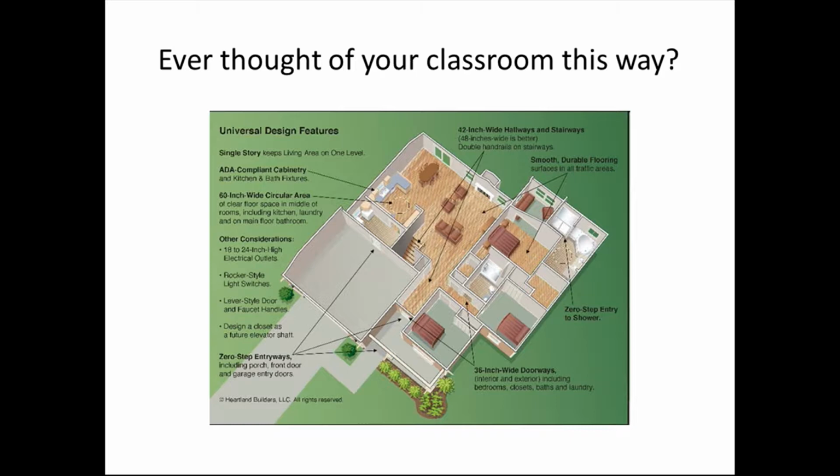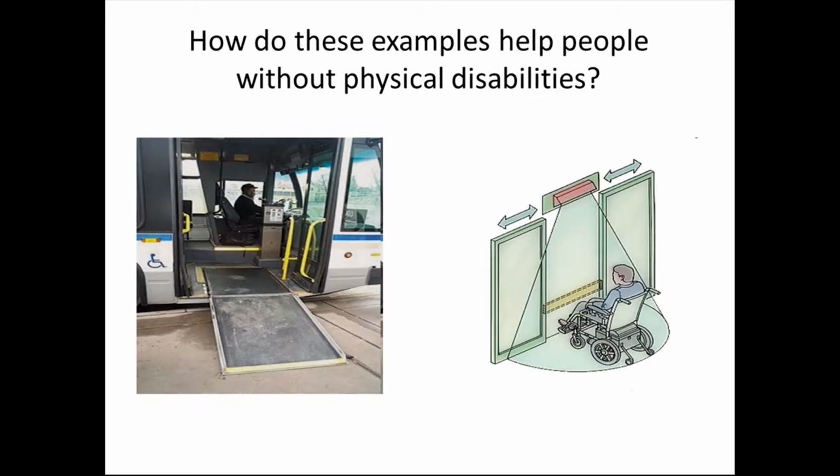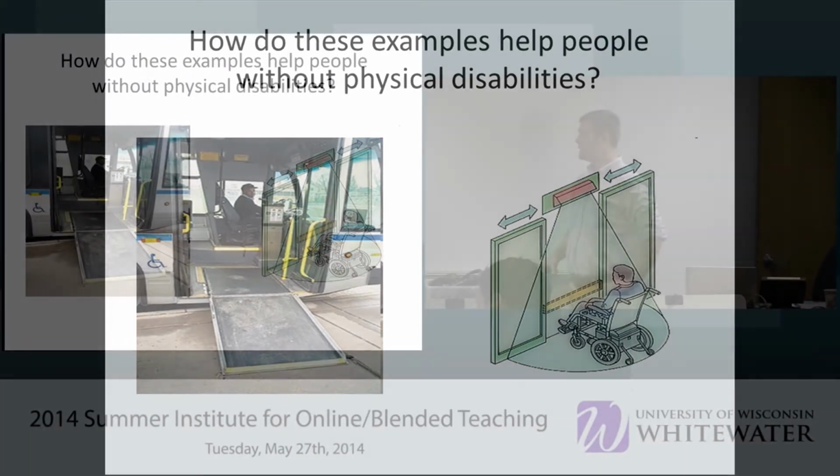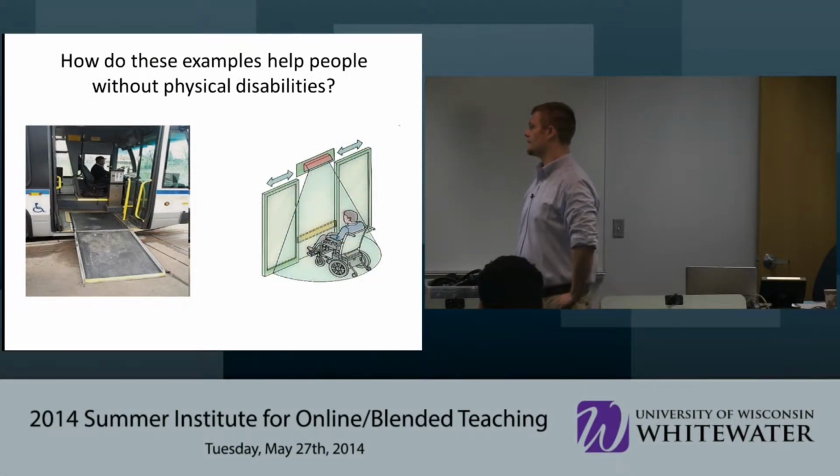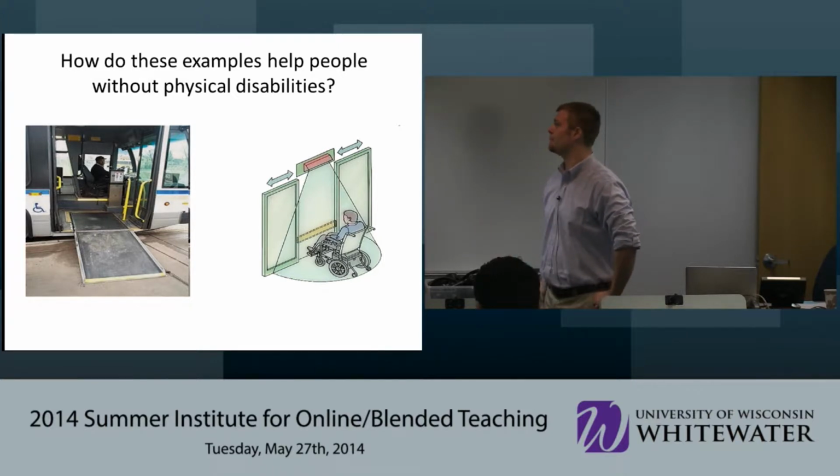I think it helps to look at this because UDL has been brought out from universal design, specifically in architecture. These are some other examples of universal design for public transit, and an automatic door opener for a grocery store or any other type of building.